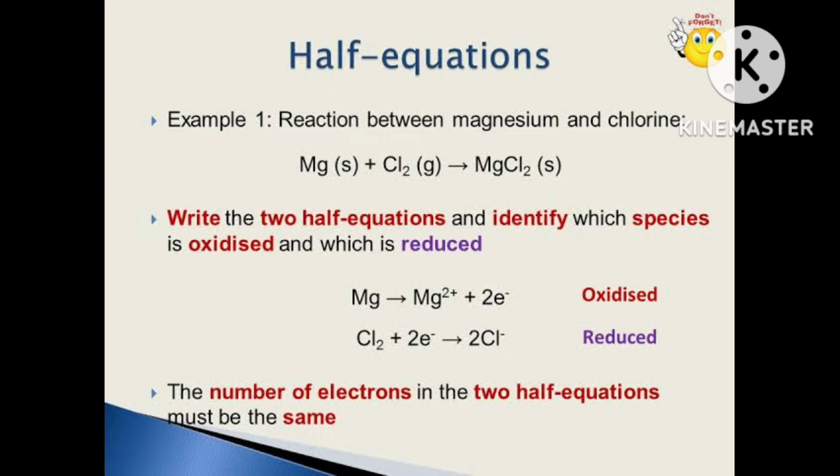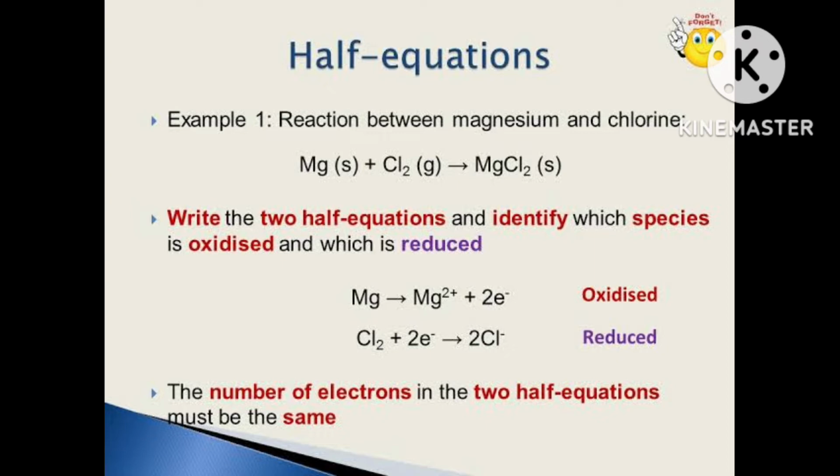Reverse name is for the reverse process. Oxidation is going on, and the one which is losing electron is the reducing agent.